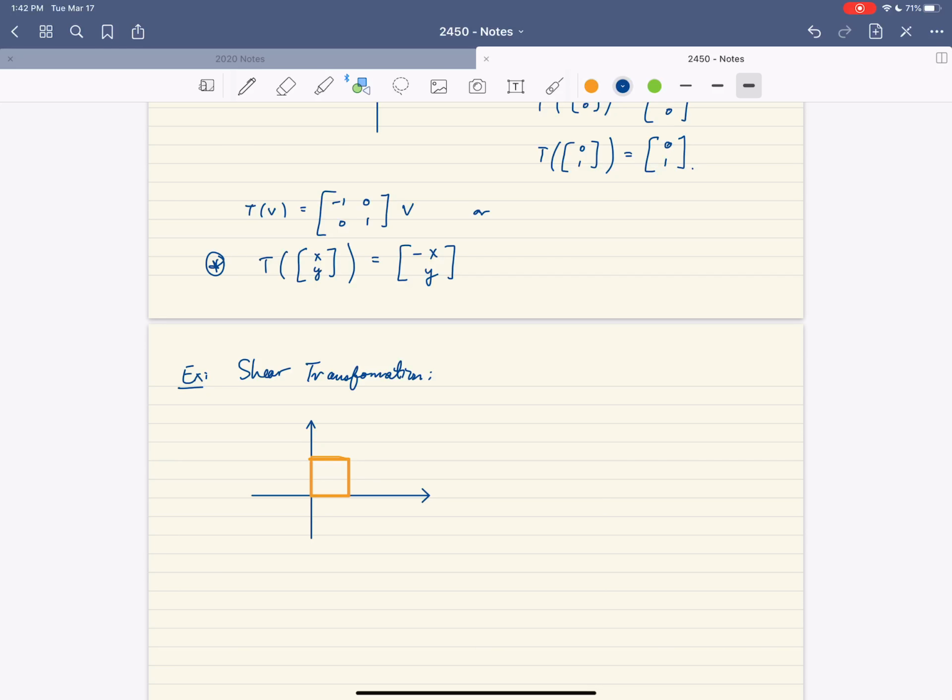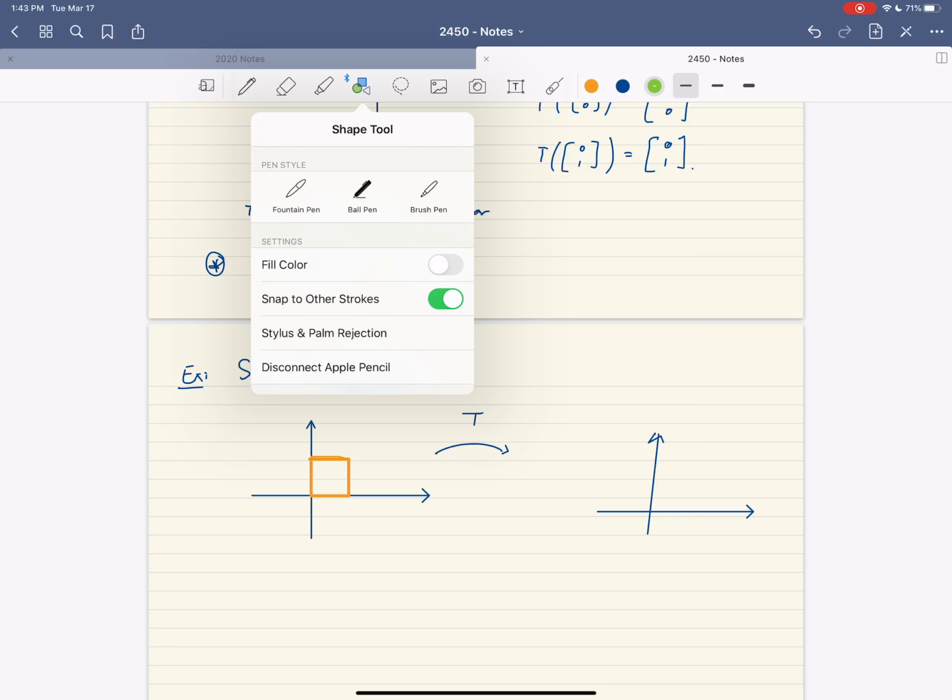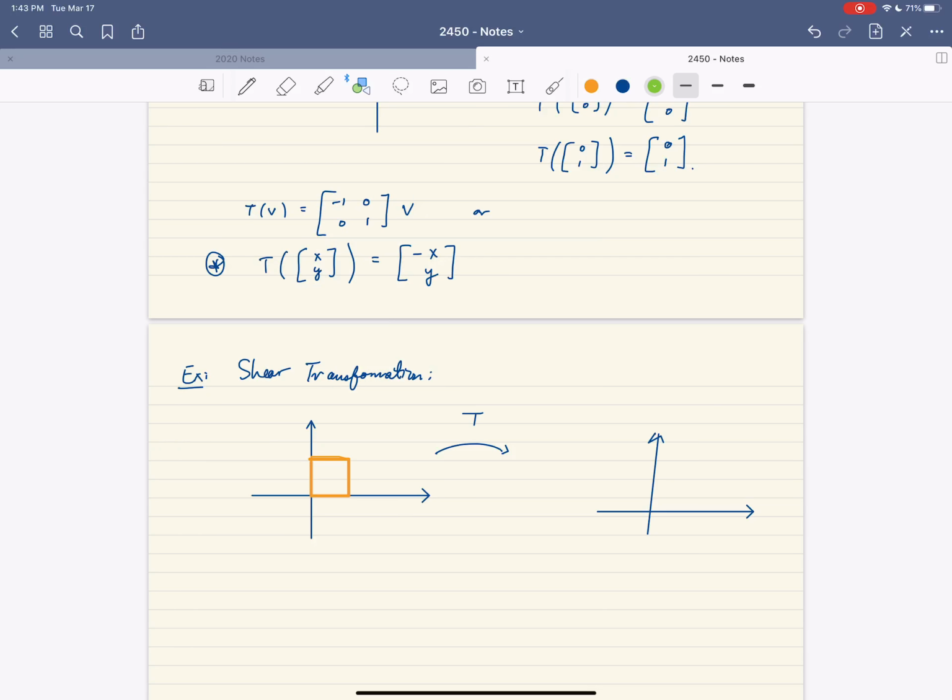And the shear transformation, after you apply this transformation T, is going to take this object and stretch it horizontally, but only horizontally.